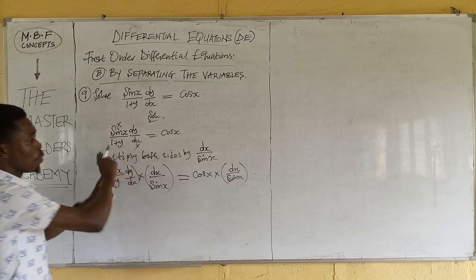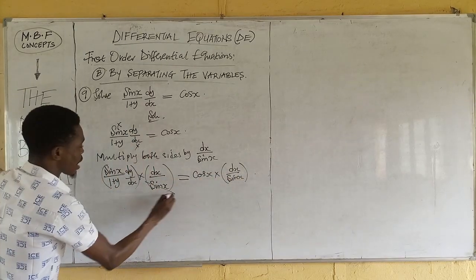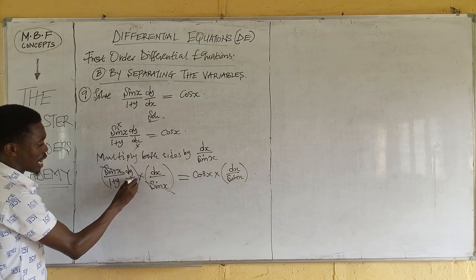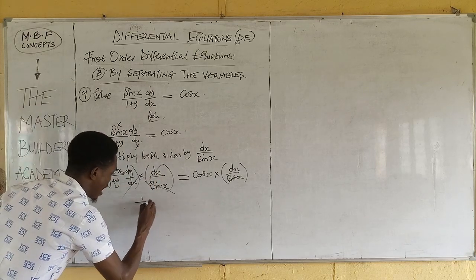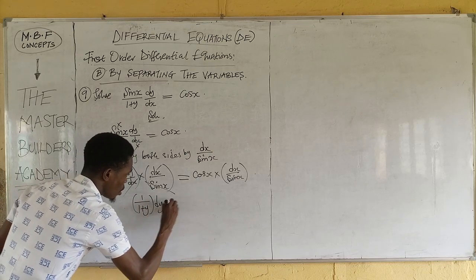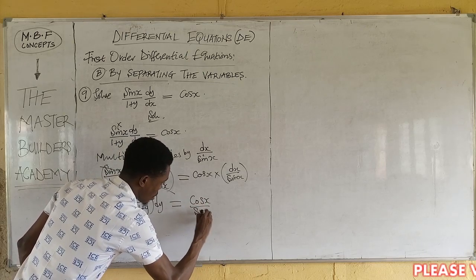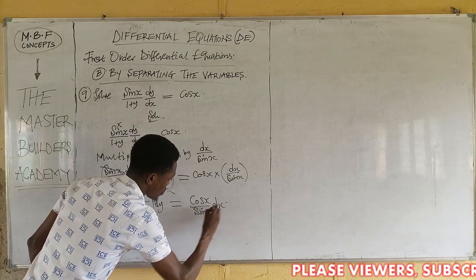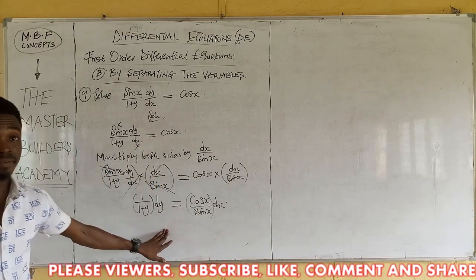We just multiply both sides by this. Then the next thing we do is to cancel out this with this, and this with this. And what we are left with now is 1 over 1 plus y dy is equal to cos x over sine x dx. I decide to put this also in brackets. This is what we have, guys.